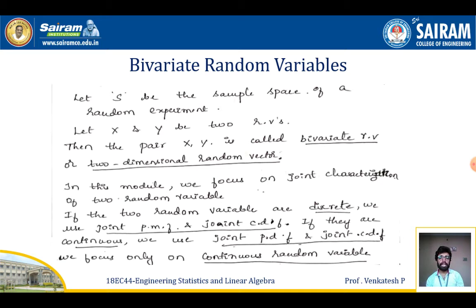In the case of continuous random variables, we use the joint PDF, the joint probability density function, and the joint CDF. Actually, in this module, I'm going to focus only on continuous random variables.